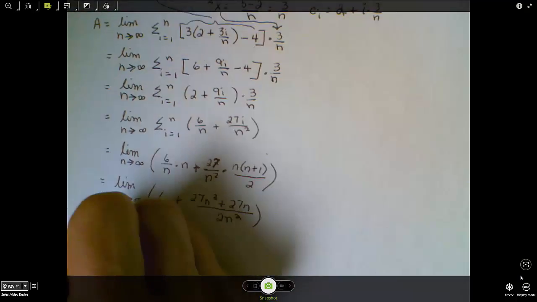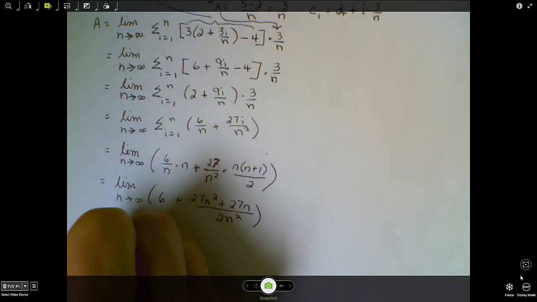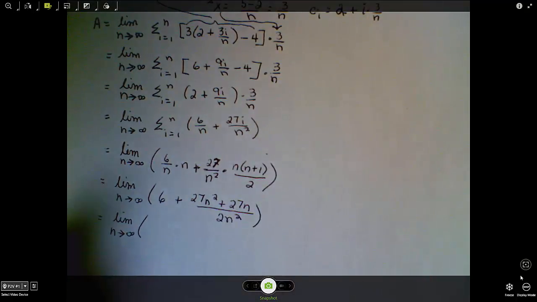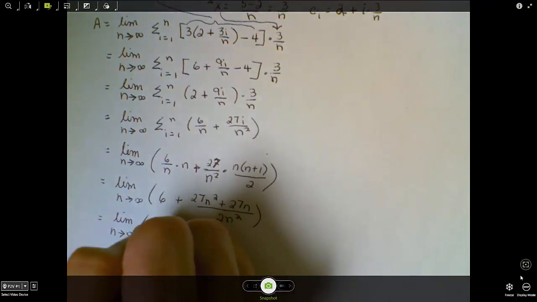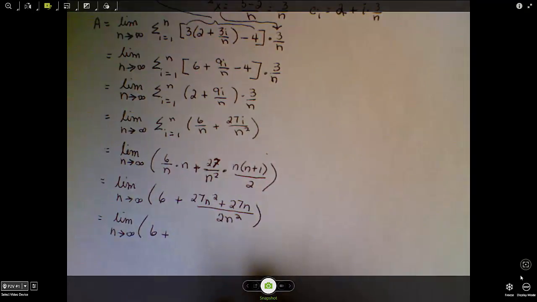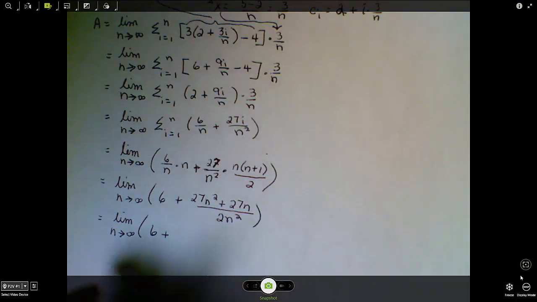I'm getting very, very close, but before I take the limit, I want to do one other thing inside this parentheses. If I break that into two fractions and simplify each fraction, I can see more easily what the limit is.